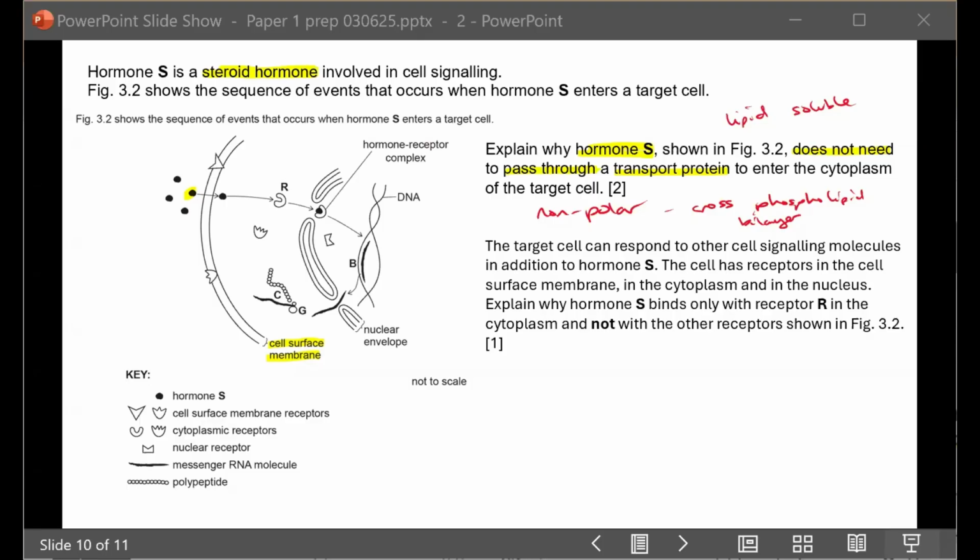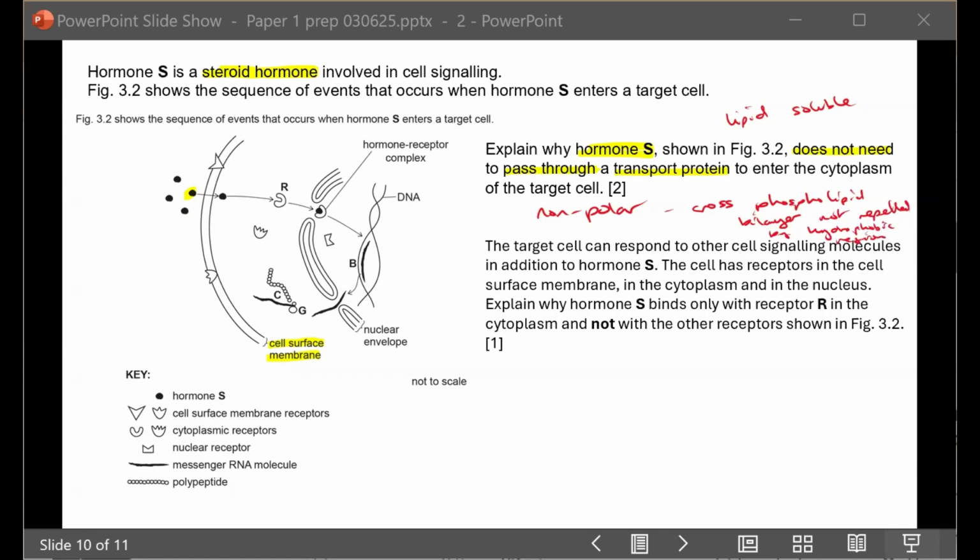So it's important, and that's what a lot of students do in the actual exam. They're like, oh, I said that. It's non-polar because it can cross the phospholipid bilayer. Well, all you've done is rewritten the words that are in the actual question. It's non-polar. It can cross the phospholipid bilayer because it's not repelled by the hydrophobic region.